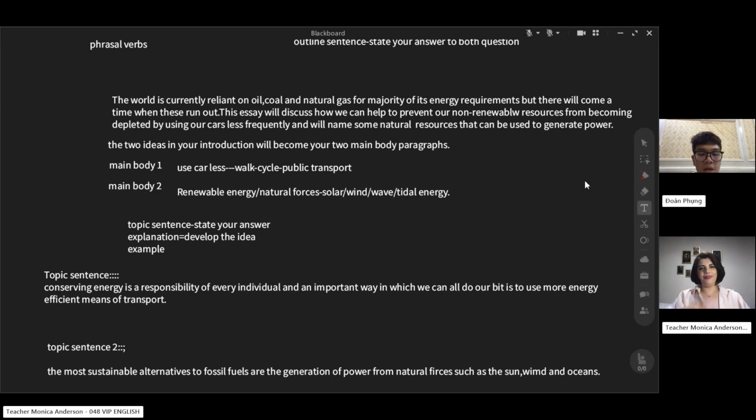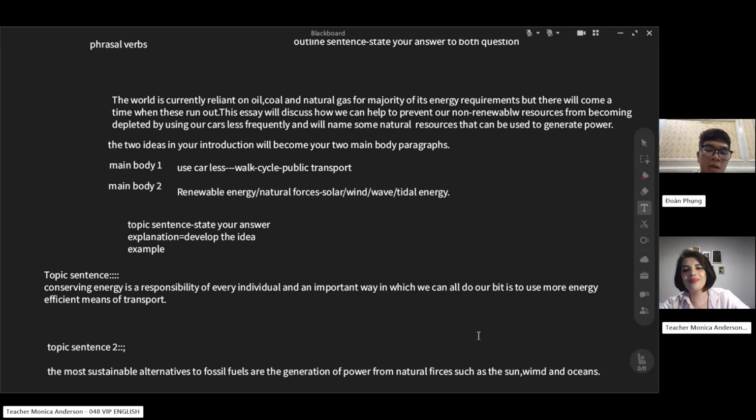I would say that renewable, like natural forces such as wave energy, can help supply more electricity to everyone.